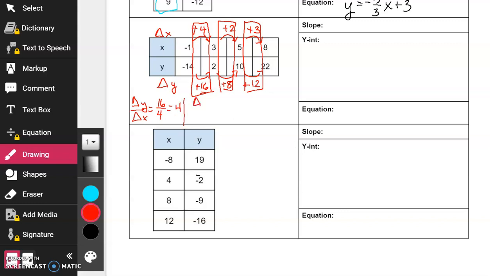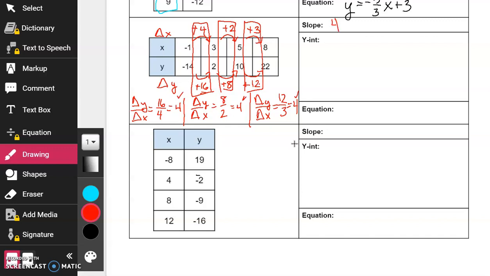Let's try the next one: 8 divided by 2. Hey, that equals 4. Looks good. Change in y divided by change in x, 12 divided by 3. Hey, that also equals 4. They're all the same. We are linear.